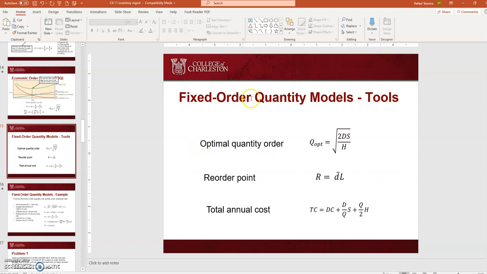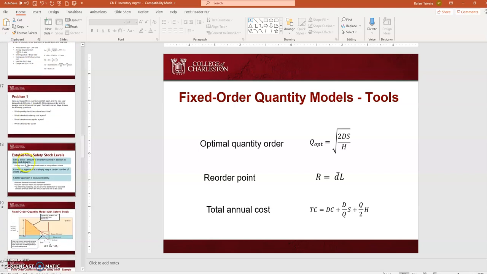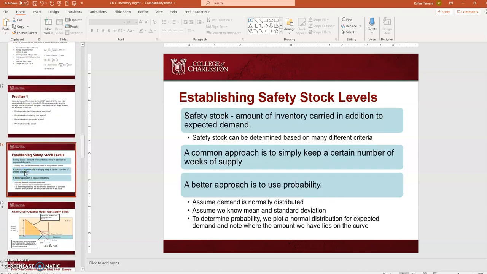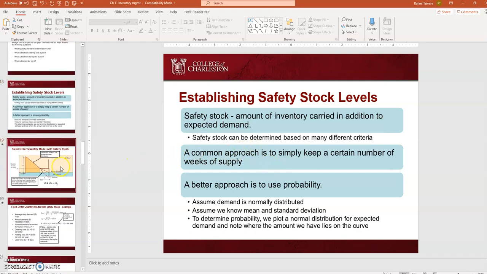But in this case, we don't have safety stocks. So we move one step further in this process and we add safety stock levels to our inventory management, to our reorder point. So this is what I'm going to show you how to do.